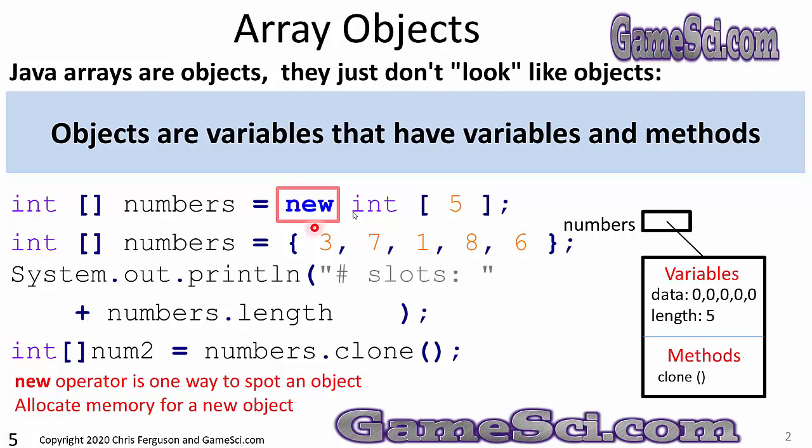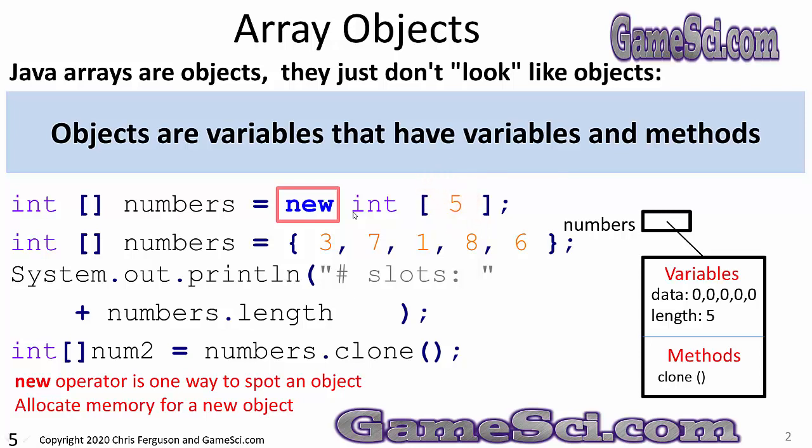The new operator is one way to spot an object. New allocates memory for an object. And that's exactly what we're going to do. This time we're going to say new int square bracket 5 close square bracket. Allocate me an object to hold 5 integers.